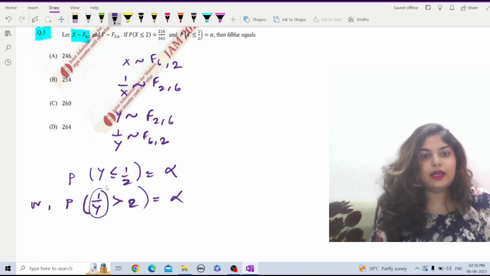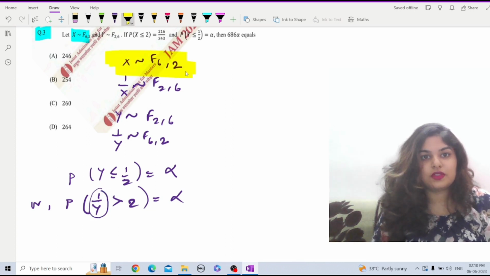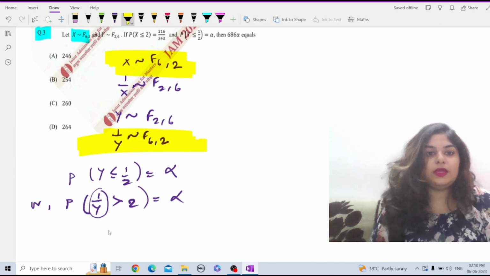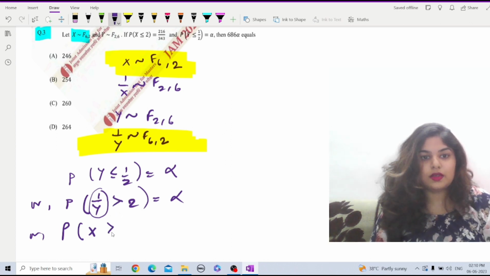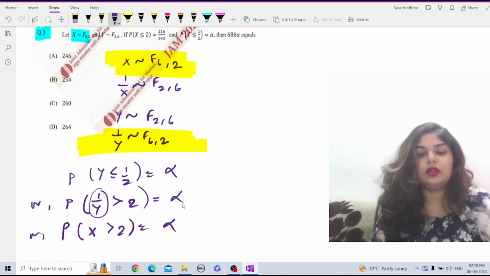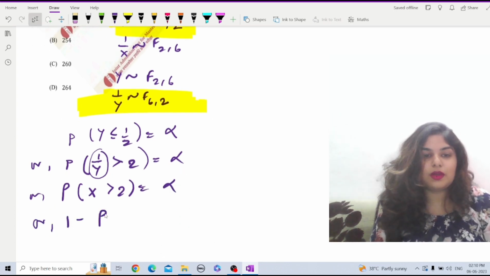Now this 1 by Y, if we see here, X follows F6,2 and 1 by Y follows F6,2. So that means I can write this as the probability of X greater than 2, which is here alpha, or 1 minus the probability of X less than or equal to 2.